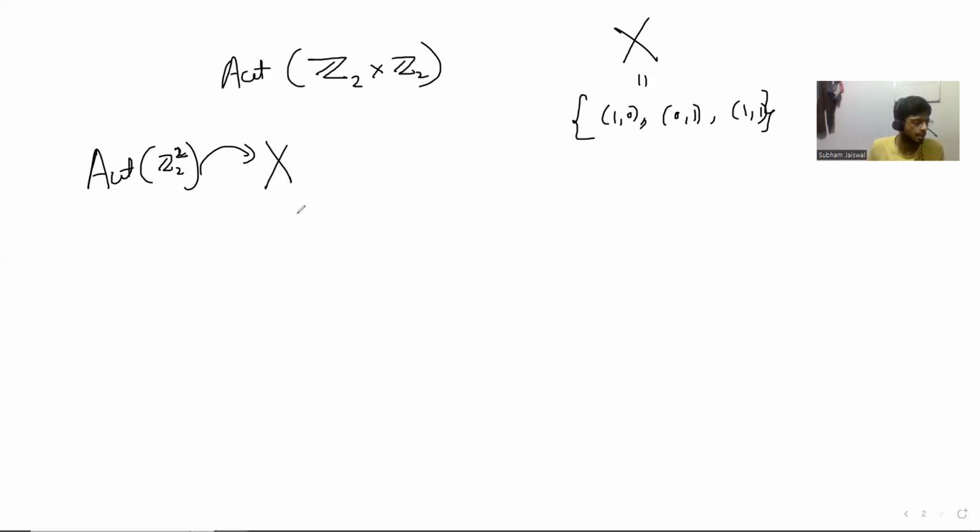Let me first say it concretely here. So you make it act on this, and then you see what permutations you're getting. What permutations of X are you getting in this way? You take the different sigmas and you make them act on this, right? And what permutations of this thing are you getting?